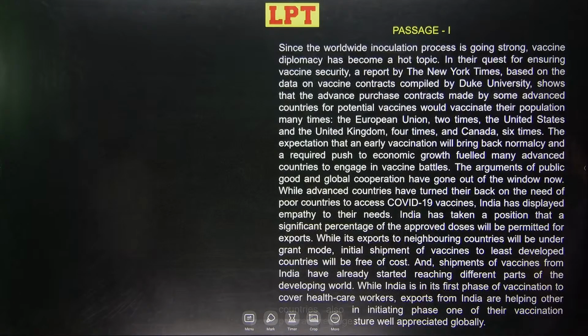Guys, read through the passage. I'll scroll it in a while. Just read the first paragraph.